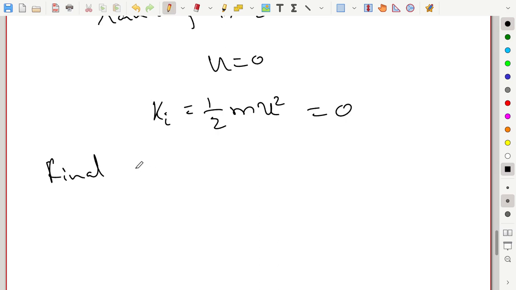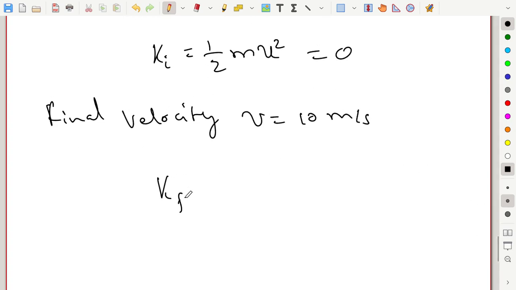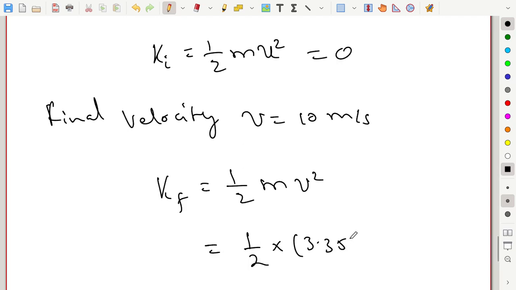They have already provided that. So the final kinetic energy Kf equals half m v square, which is equal to 1 by 2 into 3.35 into 10 power minus 5 into v square, which is 10 square.